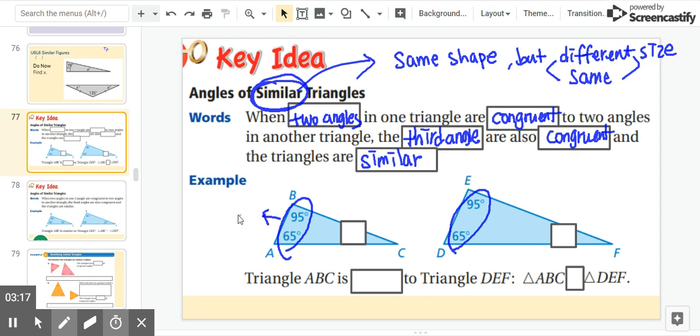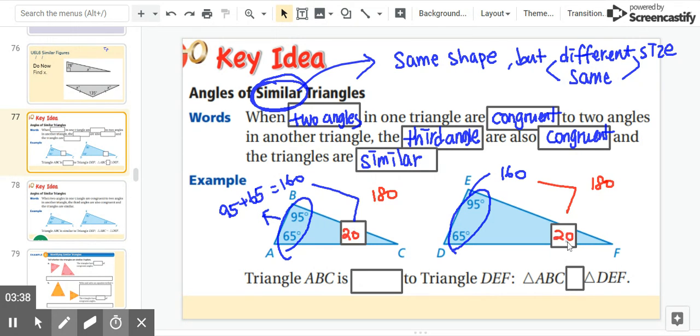Let's check. What's 95 plus 65? It's 160. But we know that the angle sum in the triangle is 180. So when you add this together, it's going to be 180. So the third angle is automatically 20.